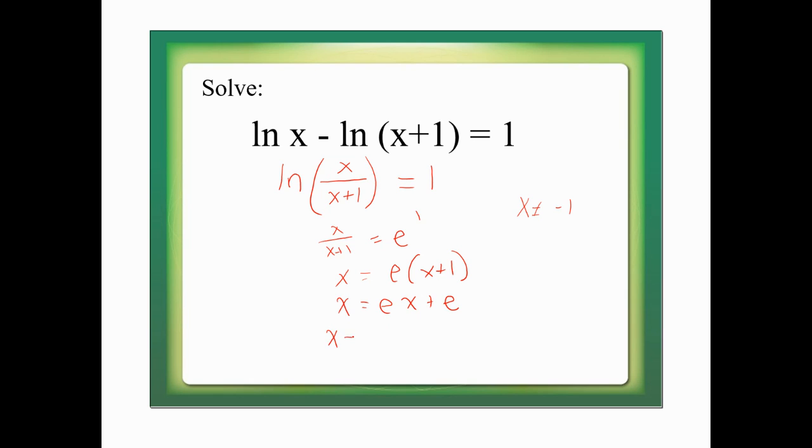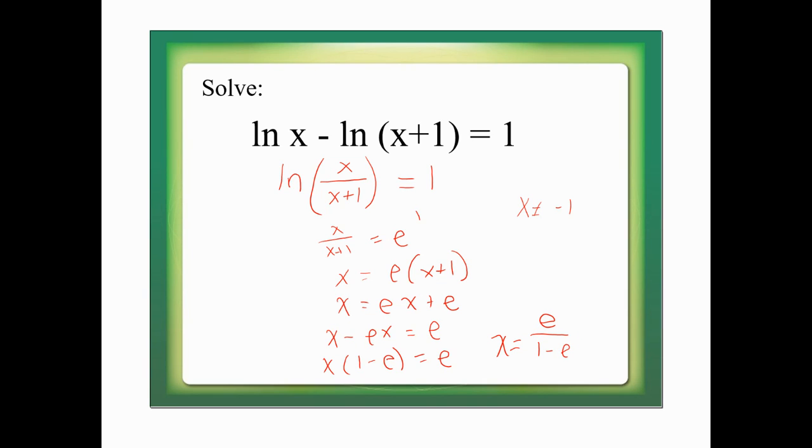So I have x minus ex equals e. Factoring out x: x times 1 minus e equals e. So x equals e divided by 1 minus e.